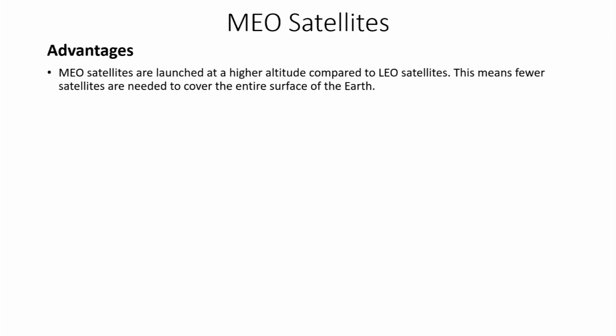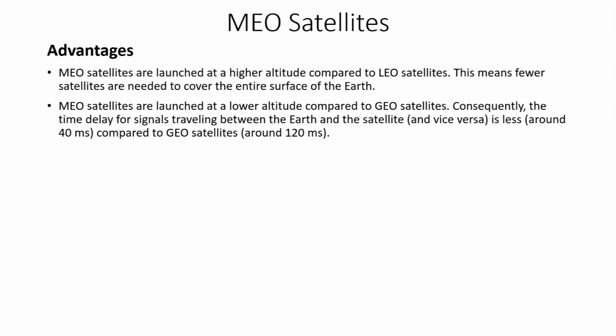What are the advantages? Again, we will consider the advantages with respect to the LEO satellites. So, here, as compared to the low earth orbit satellites, fewer satellites are needed to cover the entire surface of the earth, and MEO satellites are launched at a lower altitude as compared to the GEO satellites.